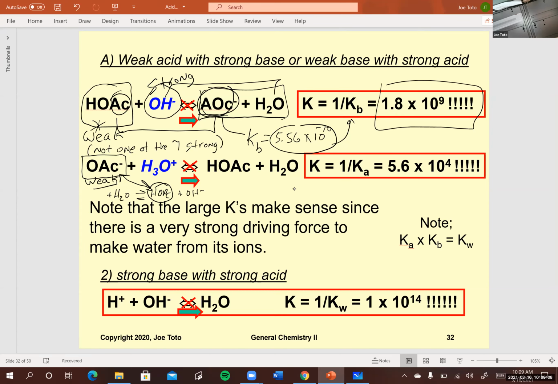If I have a conjugate that forms a strong, then I know that this is too weak to react. It's a spectator.